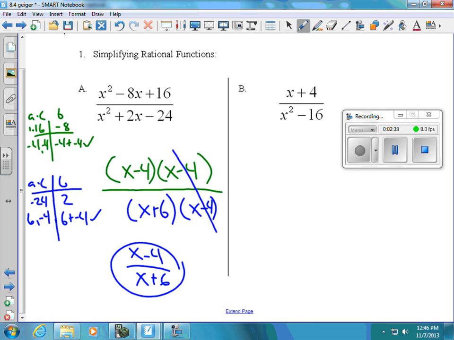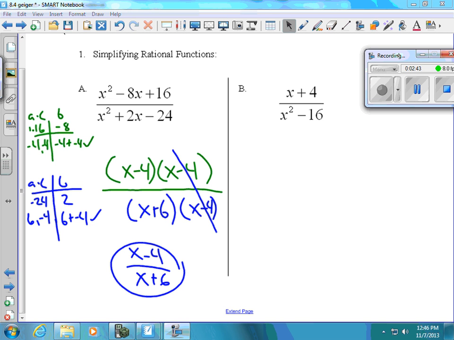Over here, very similar problem. X plus 4 over x squared minus 16. You say, well, I can't do anything with that. Have you forgotten that x squared minus 16 is a difference of squares pattern? A difference of squares pattern tells us that x squared is a perfect square, the square root of x squared is x, and 16 is a perfect square, the square root of 16 is 4.